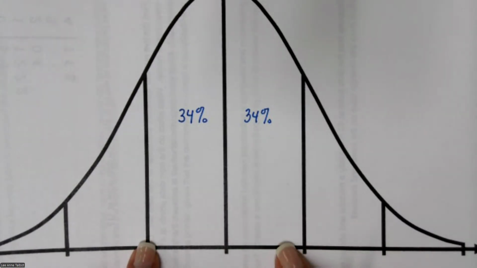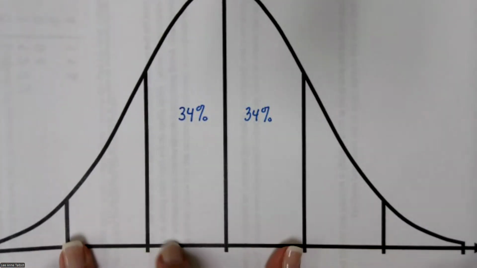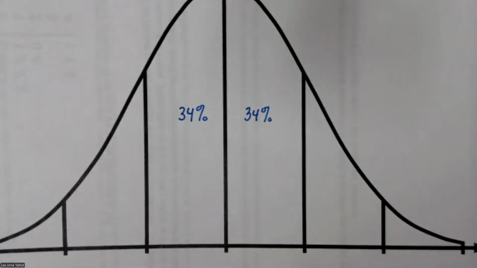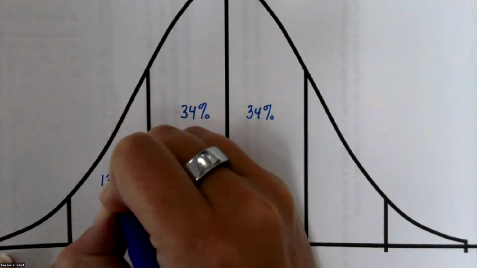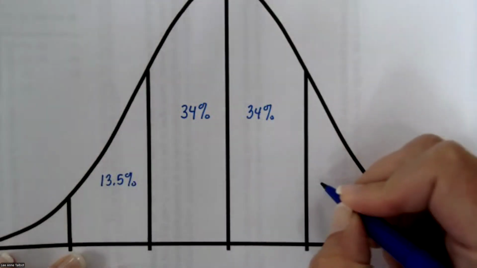There's one standard deviation away. And then it said two standard deviations away is 95%. So would it make sense to you if I did 95 minus 68 divided by 2? Okay. Is it okay with you if I already did that in my head? Okay. So these two sections will be 13.5%.